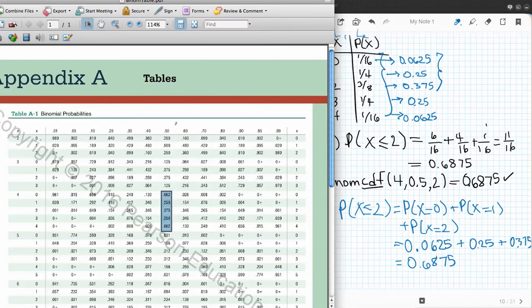The deficit of the table is that these tables only show 3 decimal points. So I don't see the 0.0625, because we're truncated at 3 decimals. I get all of these, but I'm missing a 10,000th from each of the last two probabilities. But that's how you would use this table.